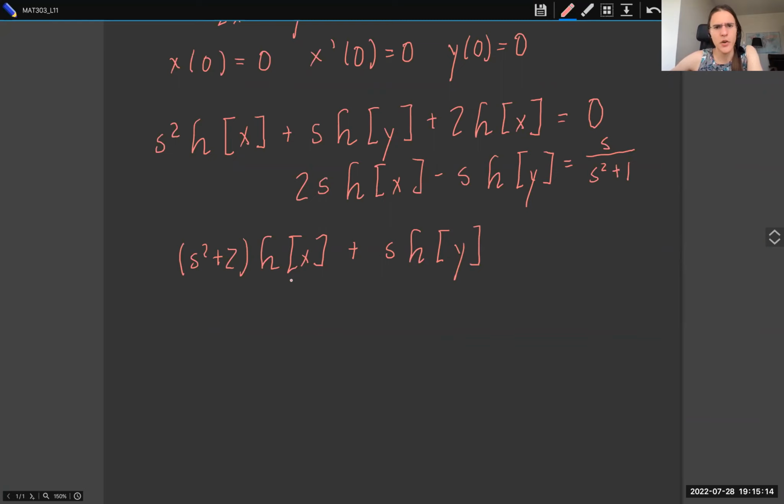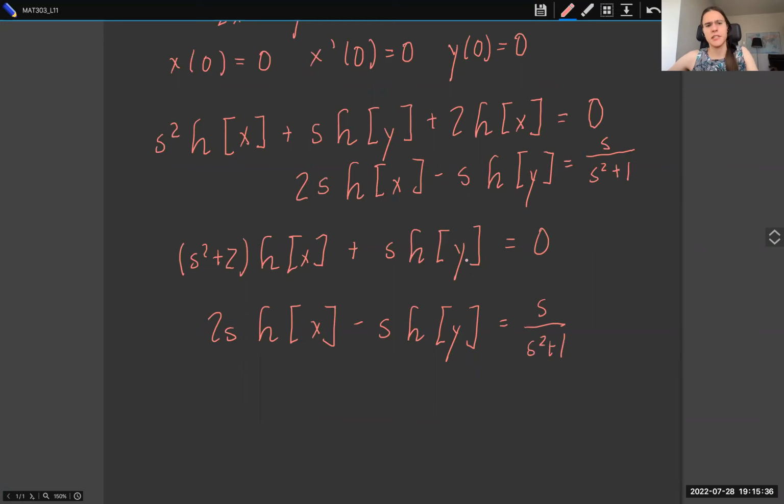And then here we get 2s times the Laplace transform of x minus s times the Laplace transform of y is equal to s over s squared plus 1.